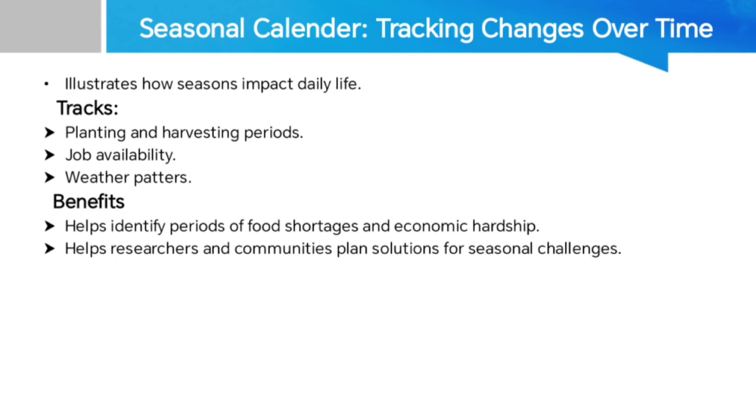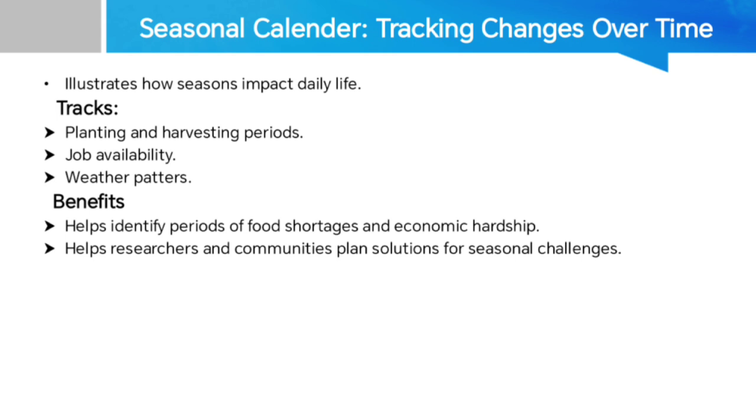For instance, it can show when food shortages occur, when work is available, and how weather changes affect their life. It helps identify periods of food shortage and economic hardship. This tool is extremely useful in planning solutions for seasonal challenges such as hunger as well as unemployment.